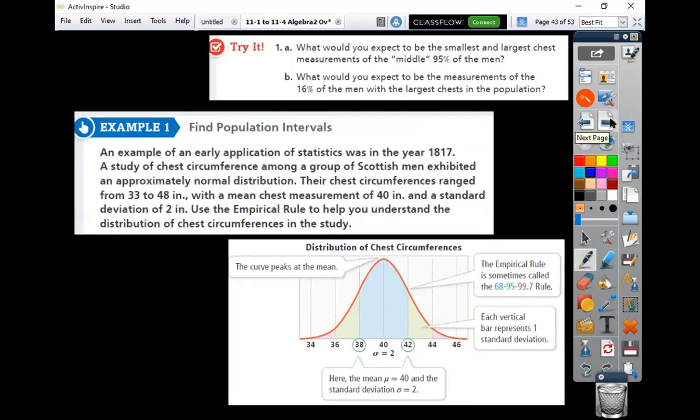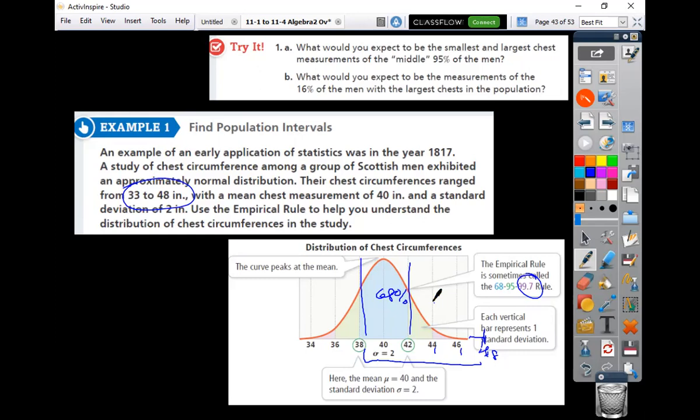All right, continuing with that example, it says, what about from 33 to 48? Well, where's 48 inches? 48 inches isn't even on my chart here. 48 would be the next one up, right? So that's 1, 2, that'd be 3 standard deviations. So we know that in here, for example, was 68.